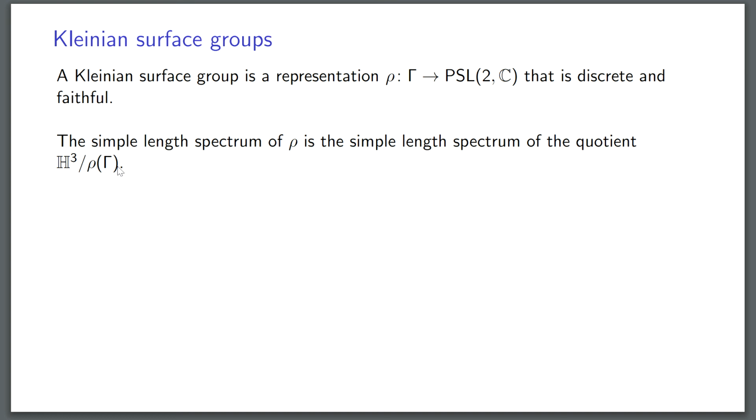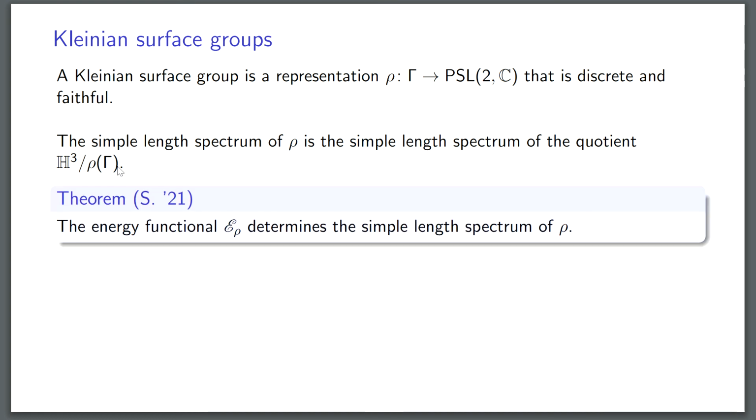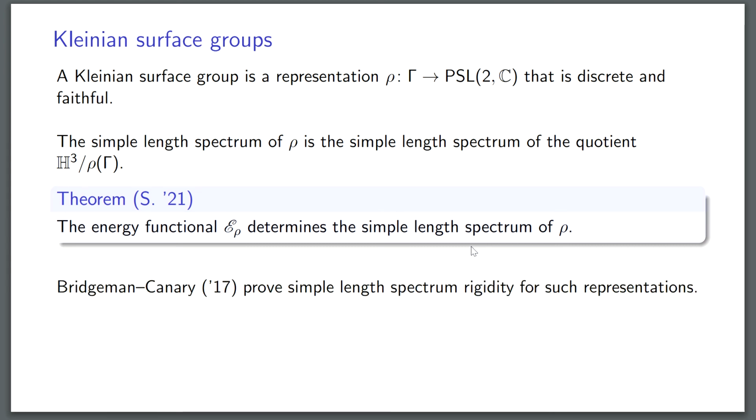Now many of the arguments that I outlined in the previous slides also work in this case, and we obtain the following theorem: the energy functional of a Kleinian surface group determines its simple length spectrum. We combine this with a result of Bridgeman and Canary, who proved that the simple length spectrum of a Kleinian surface group determines the Kleinian surface group up to conjugation.